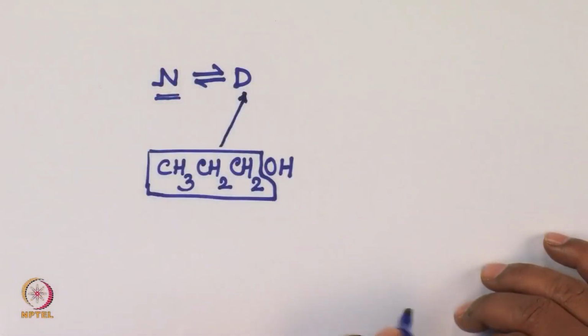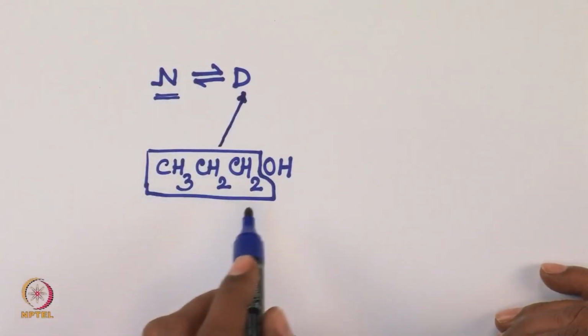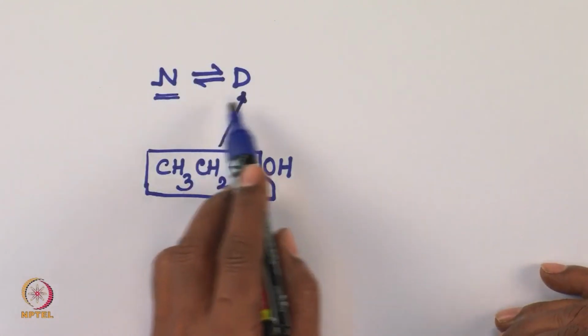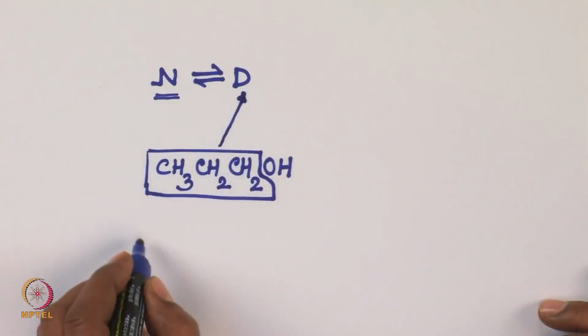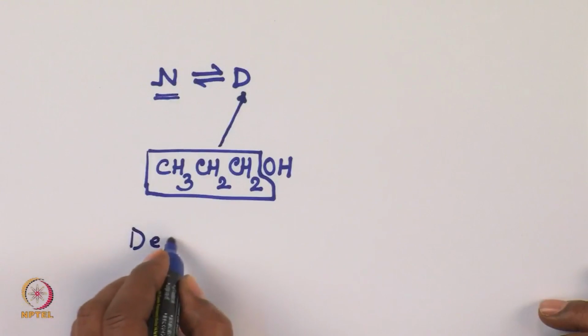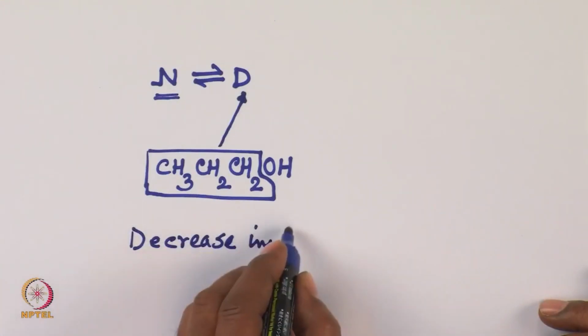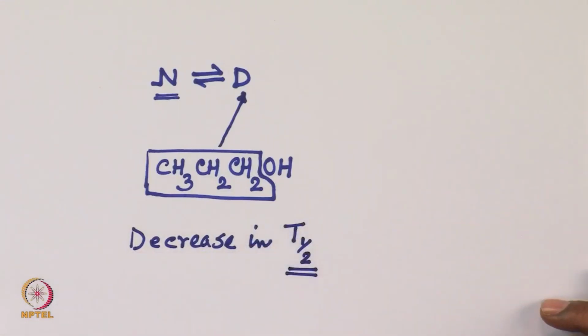So, the interaction is preferentially more with the denatured state and therefore, it is predicted that the interaction of propanol with protein will shift the equilibrium towards the right side and therefore, what we will expect is a decrease in the value of T half. And that is exactly what is seen.